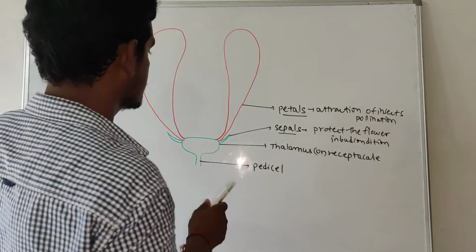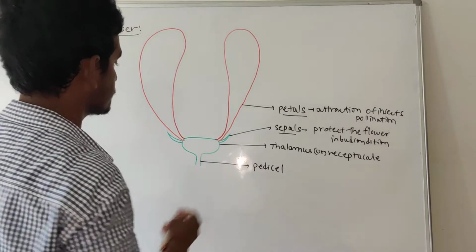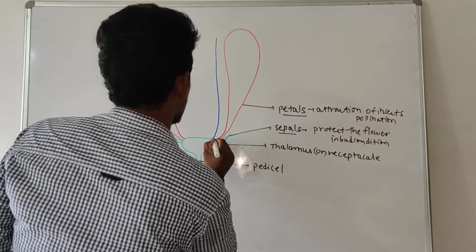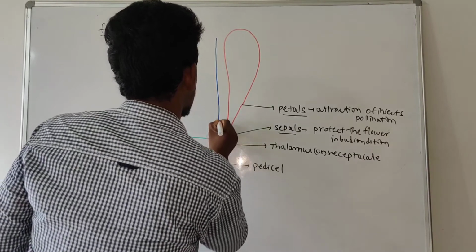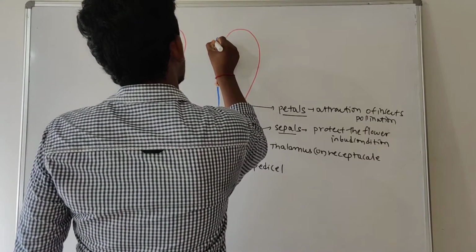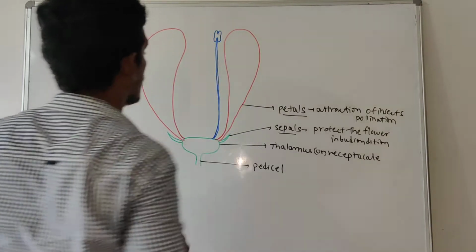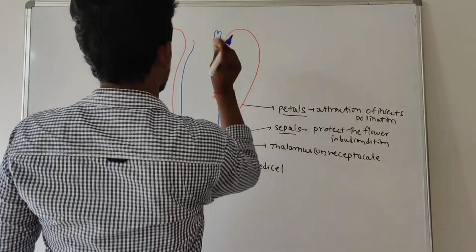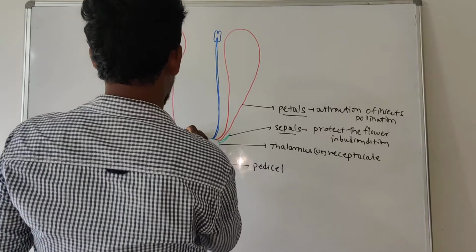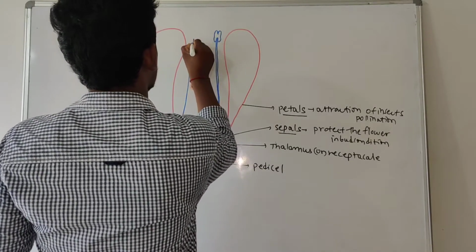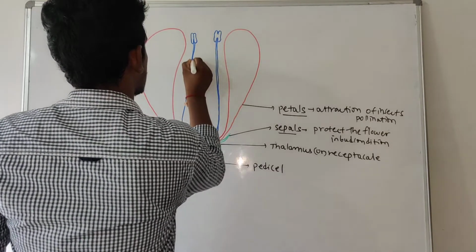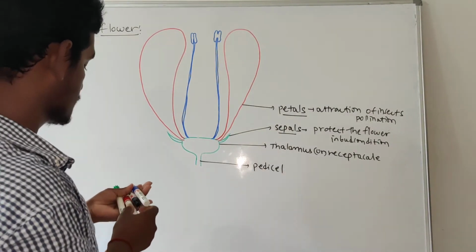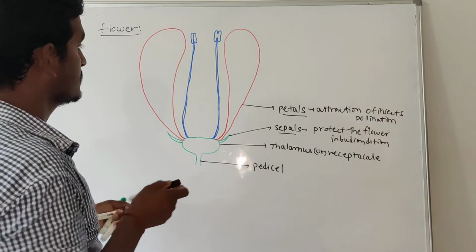The next whorl is the stamen. The stamen is a long structure, and it has mainly two parts. Those are the anther and the filament, and combined we call it a stamen.